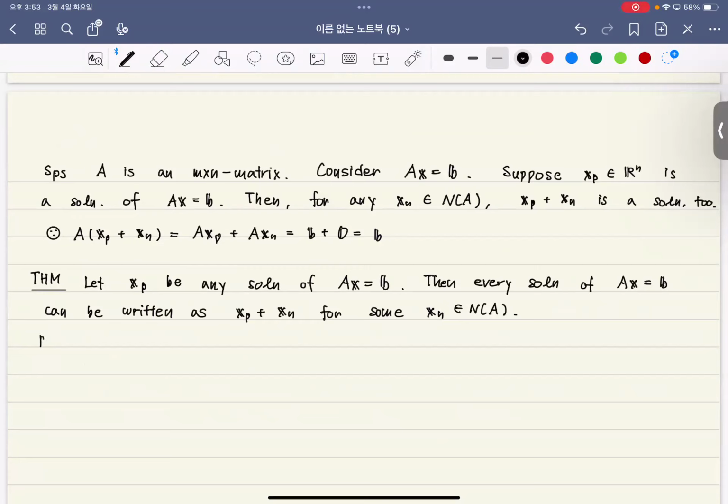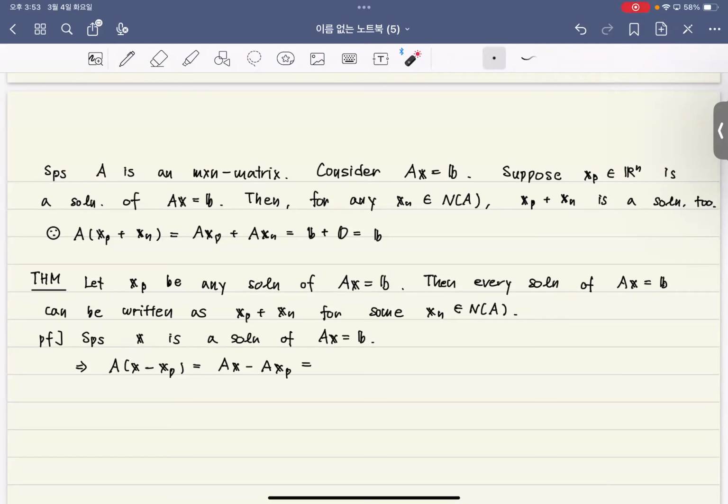The proof is also easy. Suppose x is any solution of the system of linear equations. Then A(x minus xp) is Ax minus Axp. But here we have assumed that x is a solution, therefore Ax must be b.